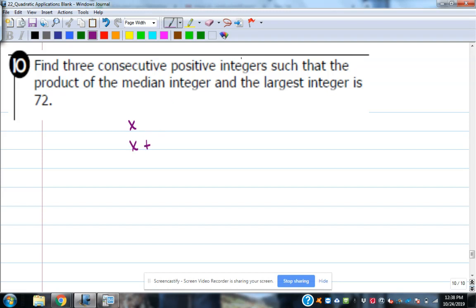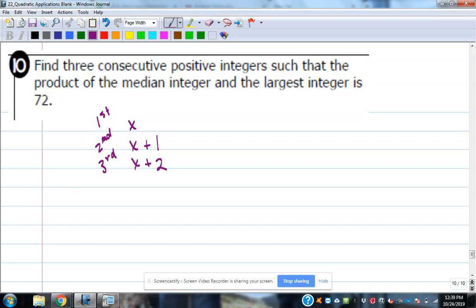It doesn't say odd or even, it just says positive integers. So if the first one was 2, the next one would be 3, so you'd add 1 to get there. And the next one would be 4. To get from 2 to 4, you add 2. So here's the first, second, third. If there were a fourth consecutive integer, it'd be x plus 3.